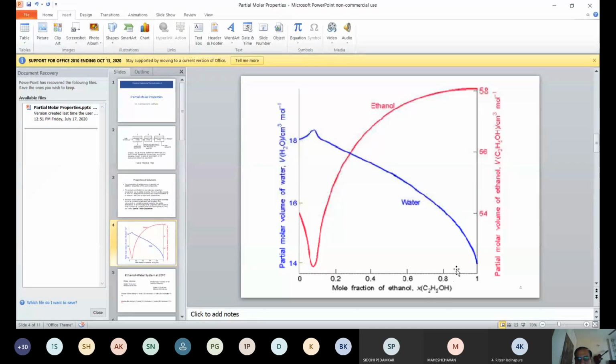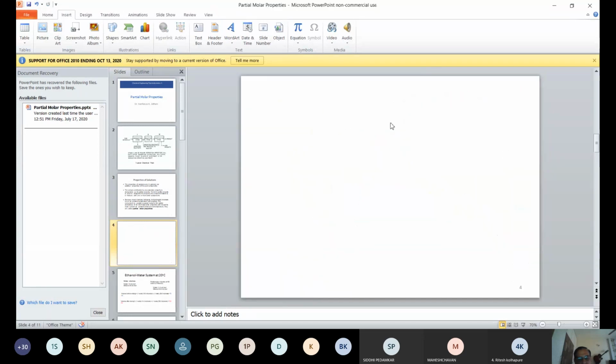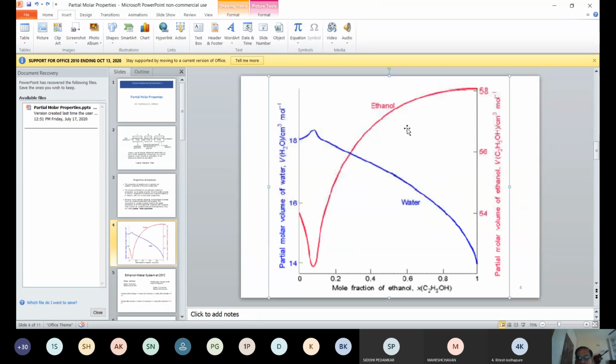So if we add water to 40% ethanol, the contribution of 1 mole of water will be only 17 point some centimeter cube per mole. Similarly, if you add 1 mole of ethanol to 40% ethanol in water, the contribution of 1 mole of ethanol will be around 56.7 centimeters cube per mole.